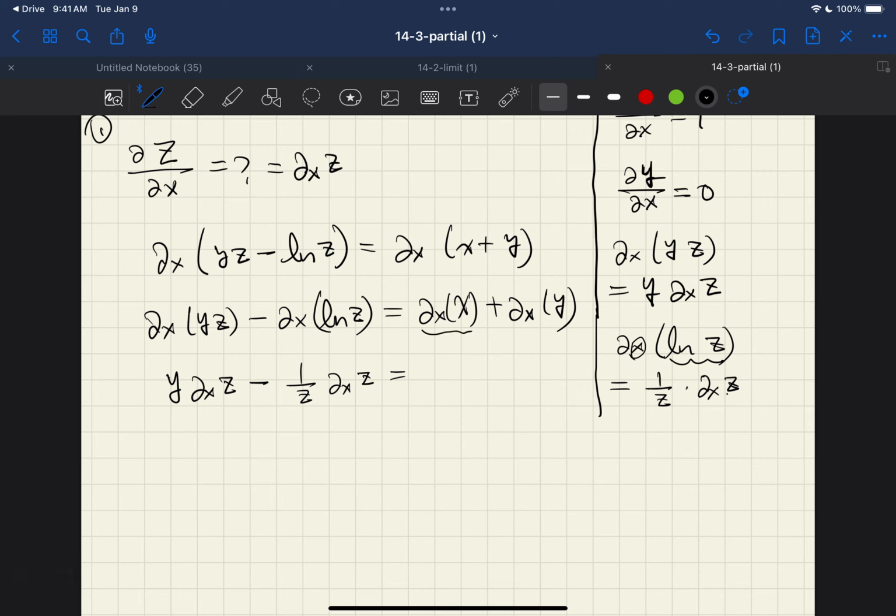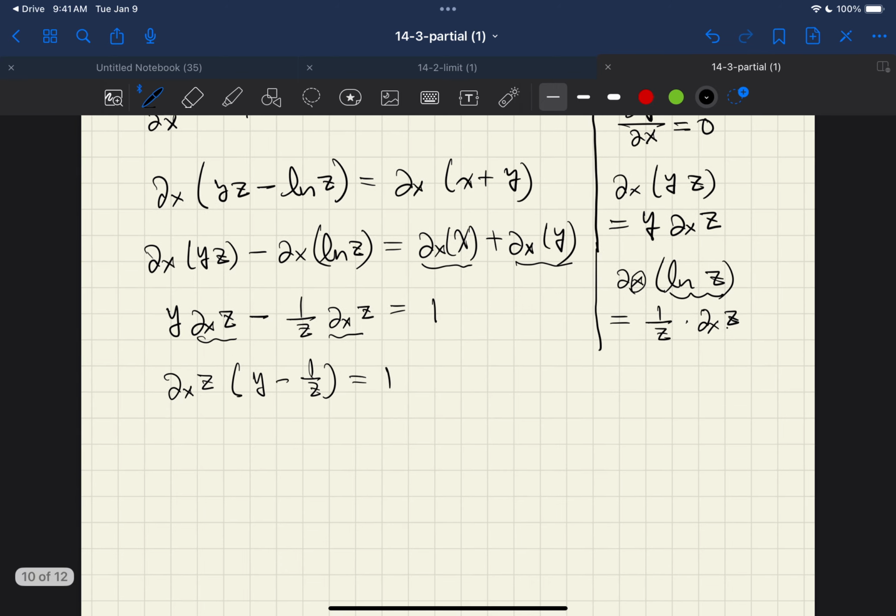And partial x of x is 1, and the constant's derivative is 0. Now we need this thing, which can be factored out: y minus 1 over z equals 1. Then we can solve for partial z, partial x, which is this.